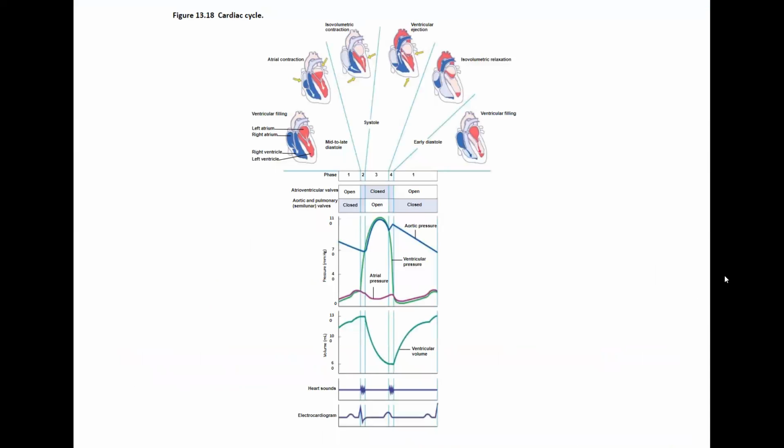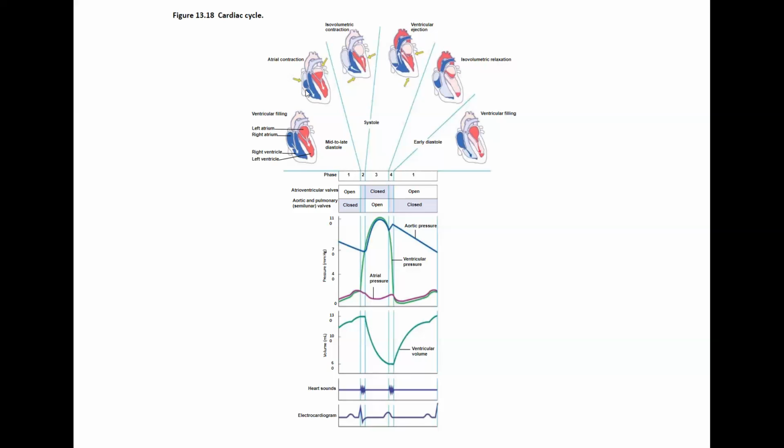Okay. So we can see that in this image. We looked at diastole, which is relaxation, and systole, which is heart contraction. And we related that to these phases that name what's going on with the ventricles. First, we fill the ventricles with blood.